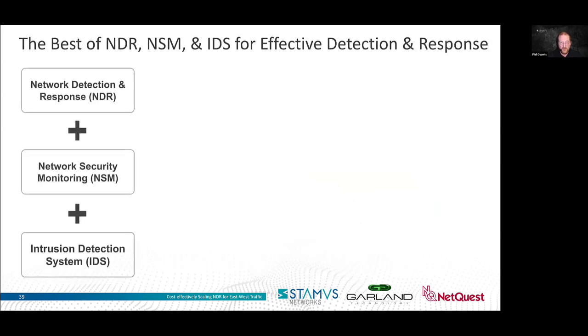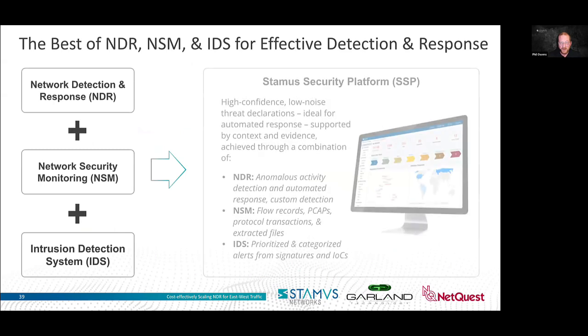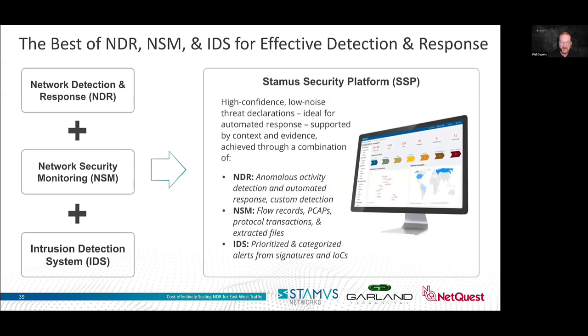So really what we've done from a Stamus Networks perspective is taken three disparate network security tools, an IDS system, a network security monitoring system, and NDR, and we've combined them into a single platform. So this hits your compliance need from an IDS perspective.